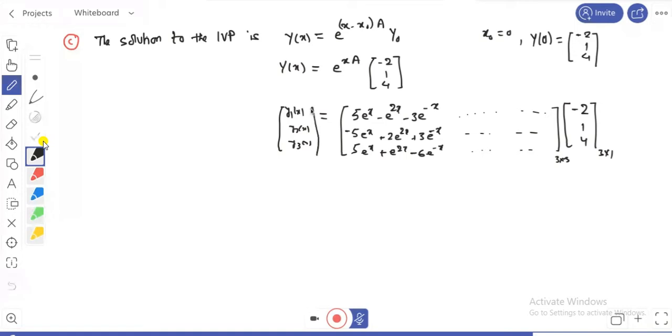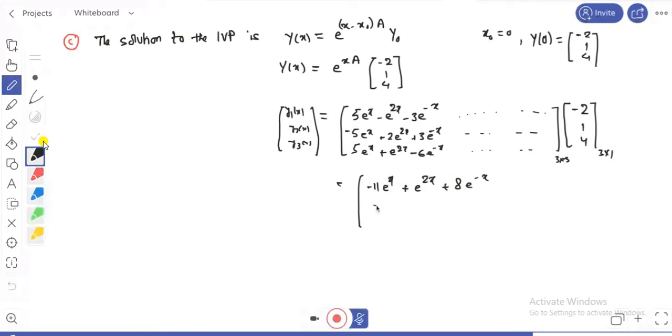If you multiply here, you get a 3 cross 1 column matrix, and that value is minus 11 e to the power x plus e to the power 2x plus 8 e to the power minus x, as you have already mentioned previously.